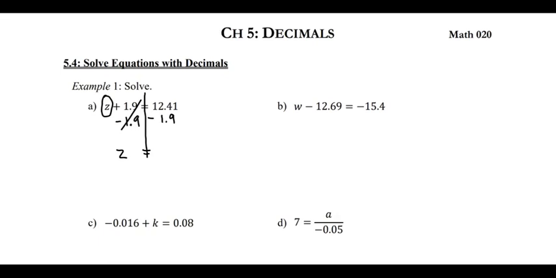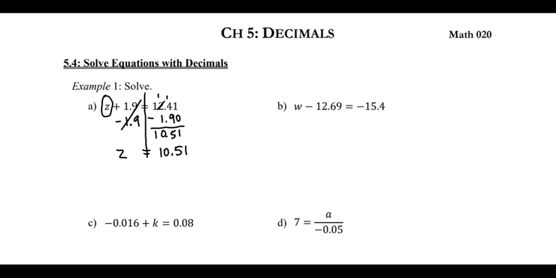And then I need to subtract 12.41 minus 1.9. I need to borrow a digit here. So I'll have 5, and then 1 minus 1 is 0. So 1051 is my answer, 10.51.